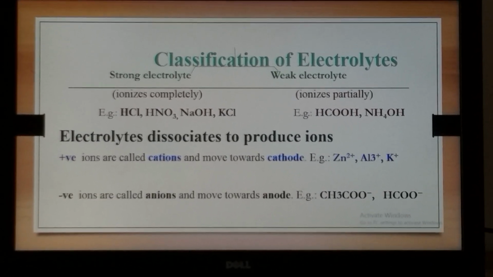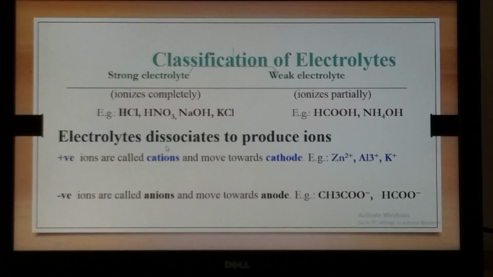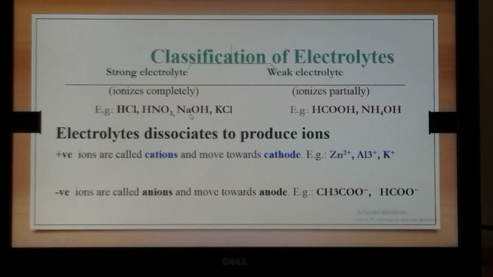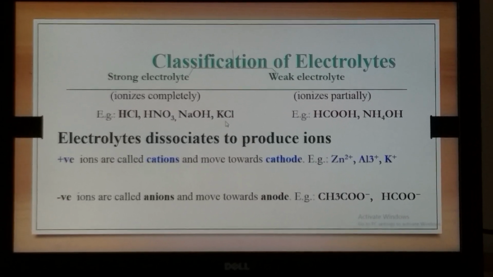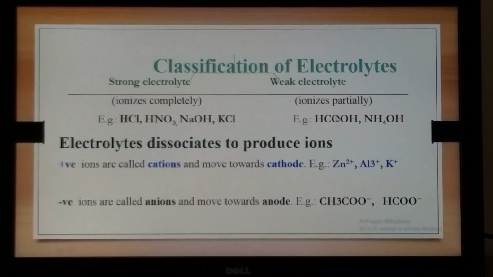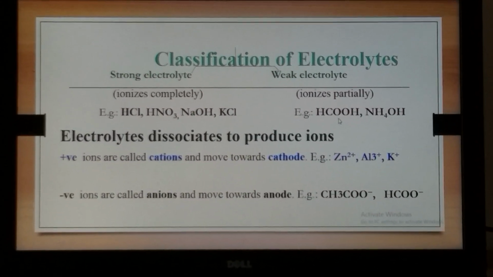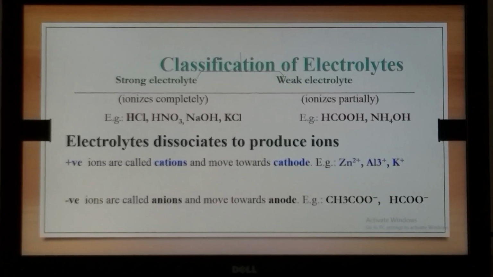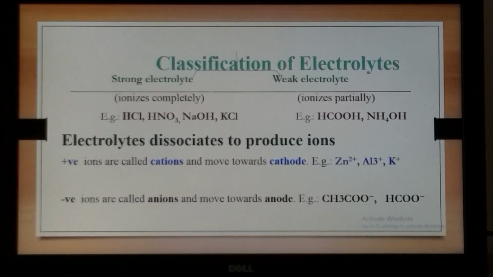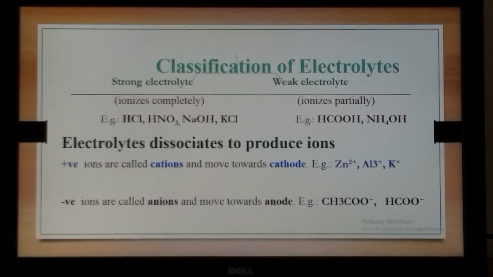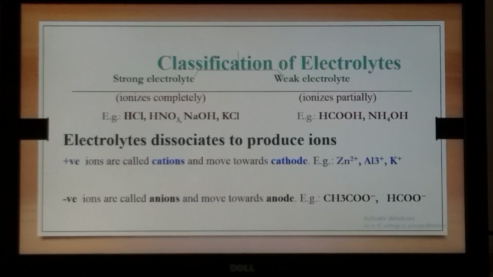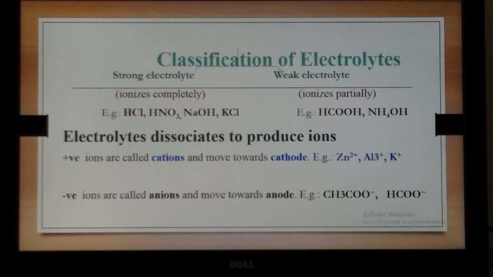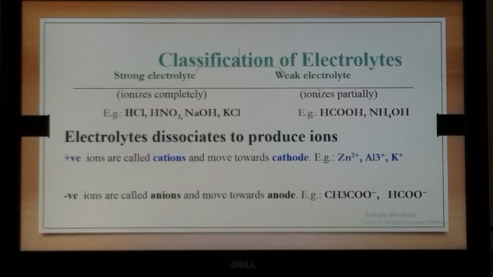The examples of strong electrolytes are hydrochloric acid, nitric acid, sodium hydroxide, potassium chloride, etc. The examples of weak electrolytes are formic acid, ammonium hydroxide, acetic acid, etc. These electrolytes dissociate to produce positive ions, that is cations, and negative ions, that is anions.